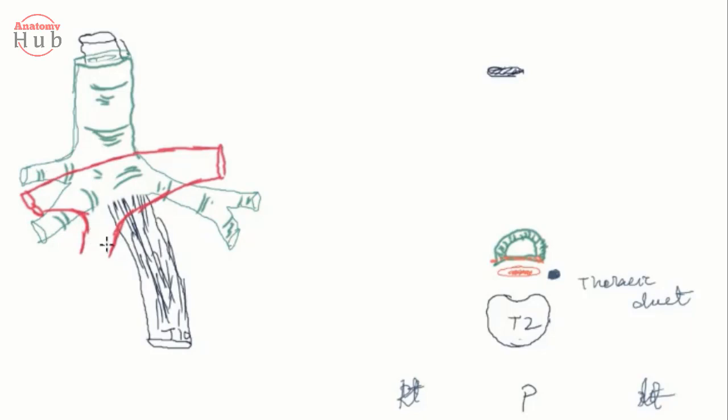When this pulmonary trunk ascends upward, it bifurcates into two: left pulmonary artery and right pulmonary artery, right? And that hooks around the primary bronchus. So we'll erase whatever is present behind this pulmonary trunk.